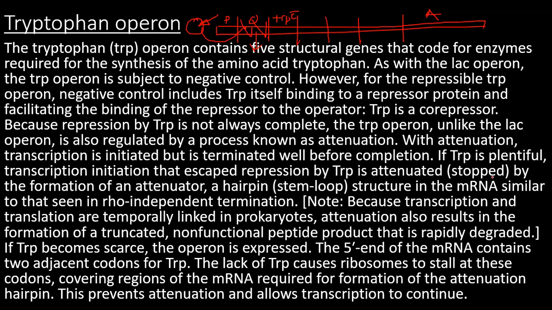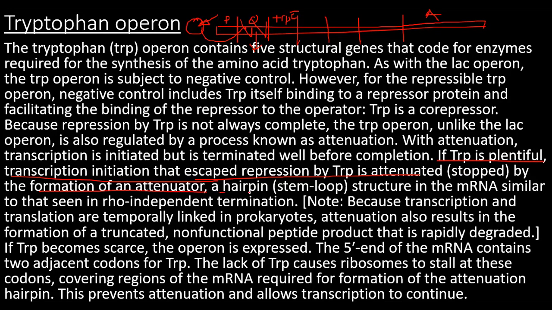So if tryptophan is plentiful, transcription initiation that escaped repression by tryptophan is usually attenuated, or stopped, by the formation of an attenuator.